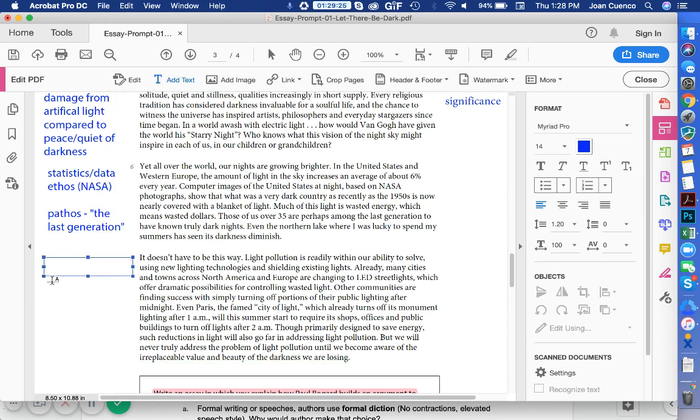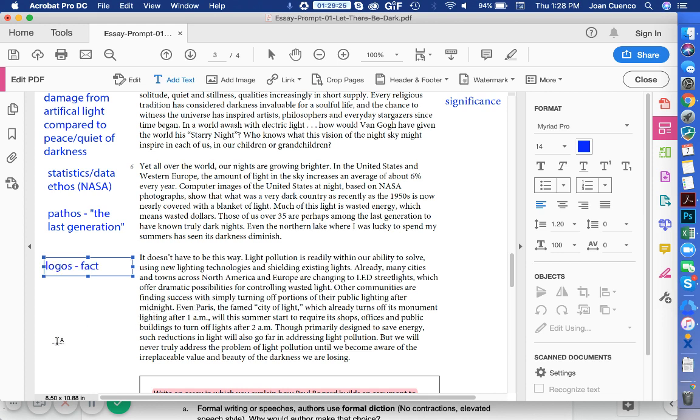And then let's see if there's something we can use from paragraph 7, which is the concluding paragraph. Light pollution is within our ability to solve. Okay, he's using logos here.